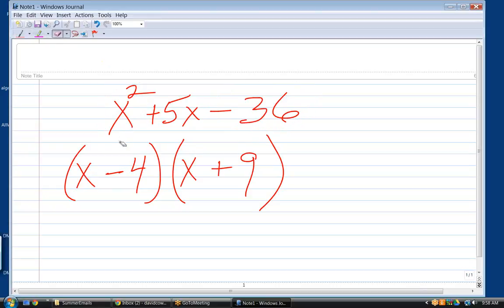The term that needs checking is the middle term, always. Well, you get the middle term from multiplying the two insides together and the two outsides together and adding them up. Well, the insides are minus 4x. The outsides are plus 9x. And they add to 5x. So I got it right. And that's all I need to check. So when you're checking your quadratics, you don't need to check it by completely multiplying it out. You just use what I call my double smiley face method and check the middle term only.